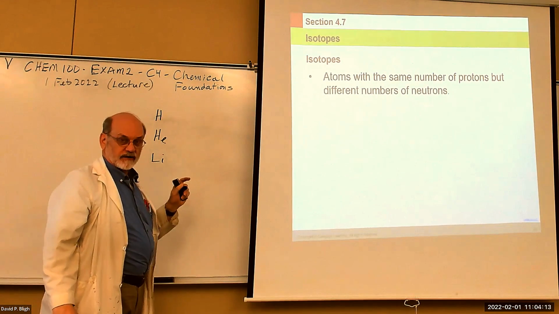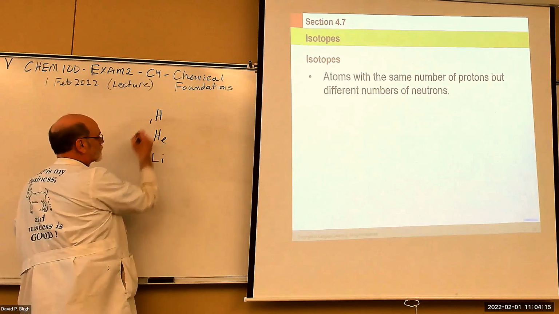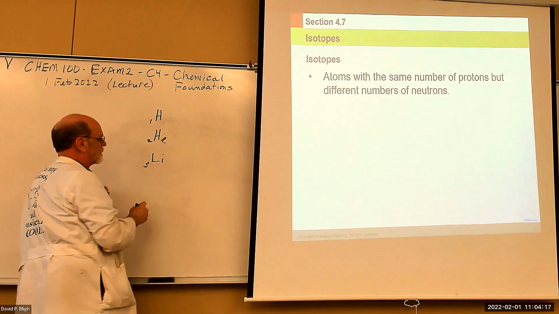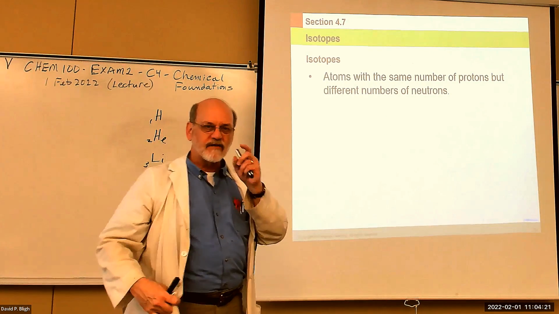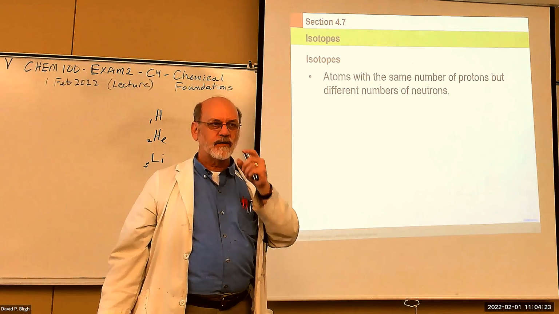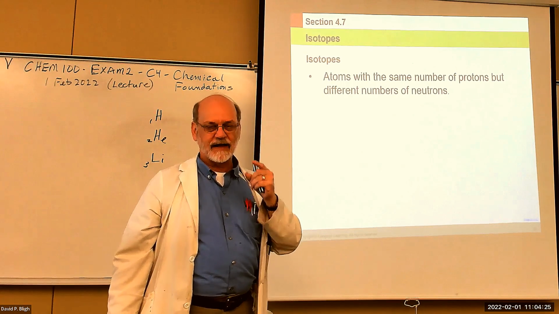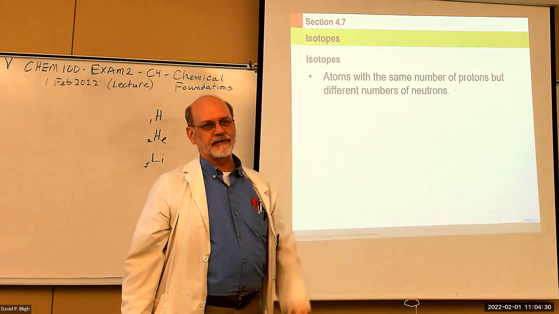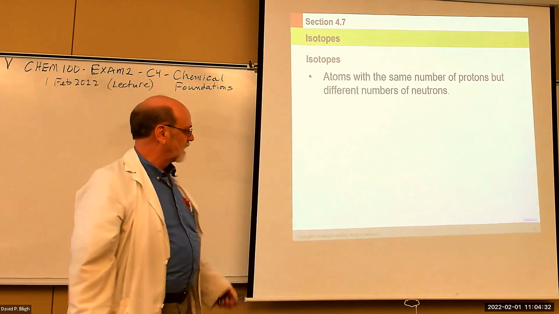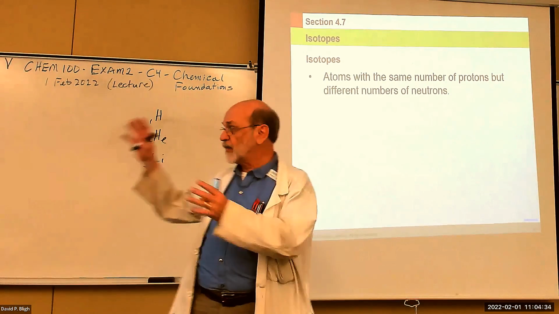The number of protons. So this one has 1 proton, this one has 2, this one has 3. The number of protons in the atoms of an element determines the nature of that element. So if you have a different number of protons, you get a different element. And that's why they're arranged the way they are on the periodic table.